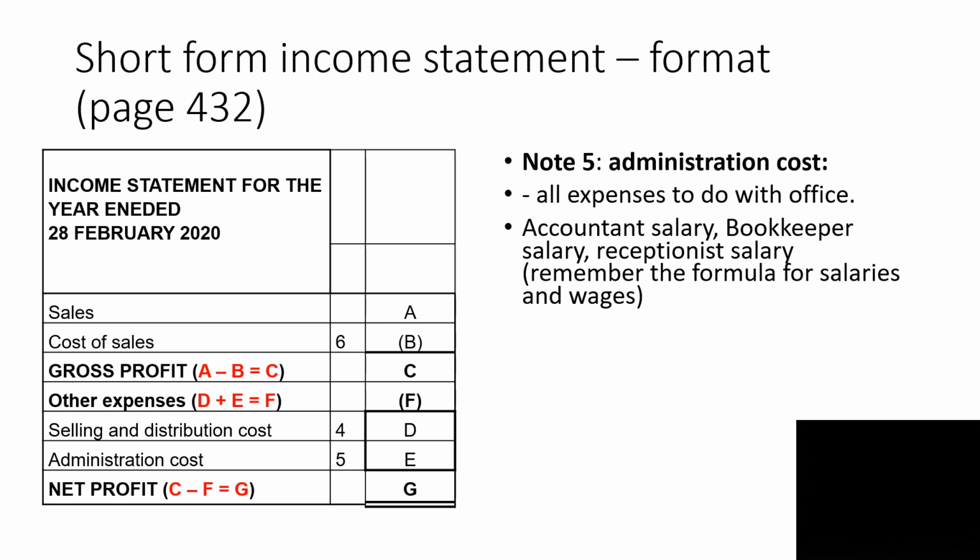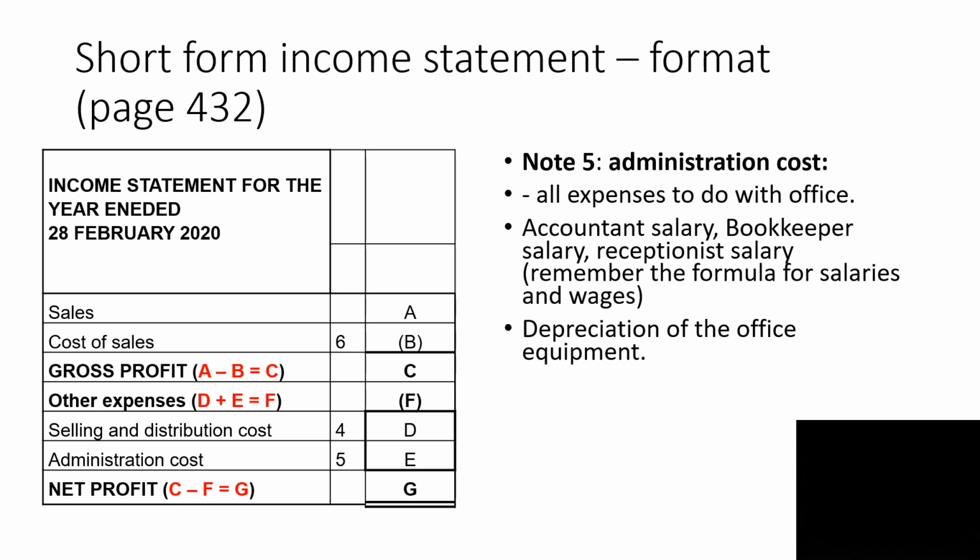But whenever we calculate salaries, we must remember our usual formula. It is gross salary or wages plus contributions plus any allowance. Also, an expense which is specific for this department is depreciation of office equipment.